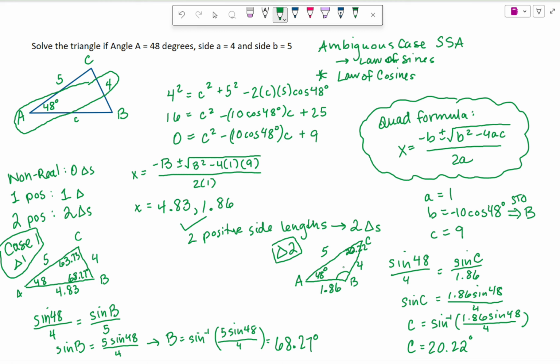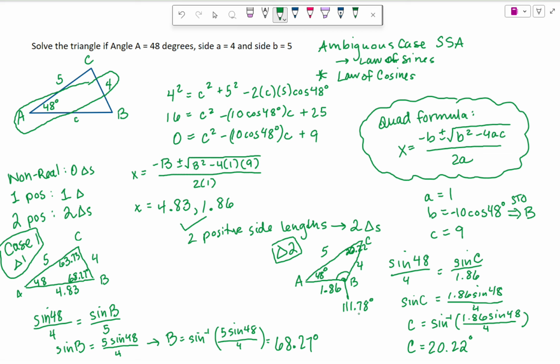Okay, so I got angle B right there is 111.78. Now I want you to compare 68.27 and 111.78. You'll notice that if you added them together, you get 180 degrees, approximately.